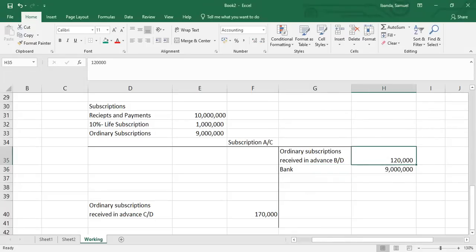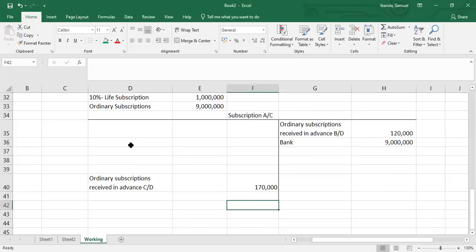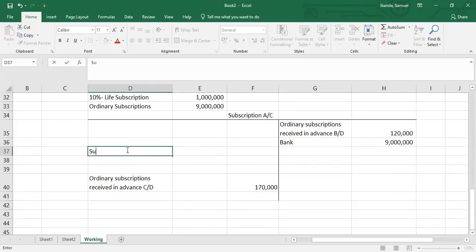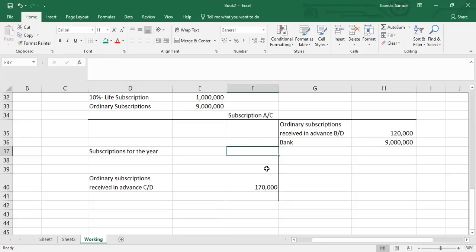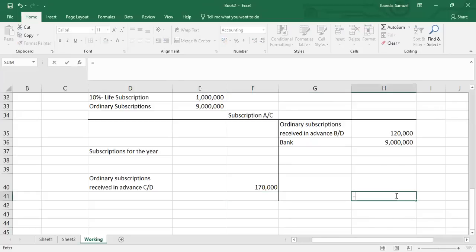Now, since this account is not balancing, the balancing figure that I will have here will be the subscriptions for the year that I'm going to record under my income and expenditure, okay? My subscriptions for the year will be the side that has a lower value. So as I add up here, the total of this side is 9.12, and then the total here will be the same total.